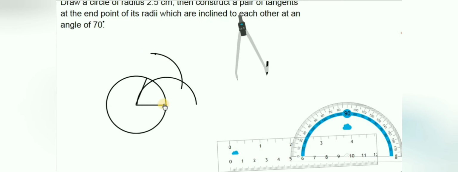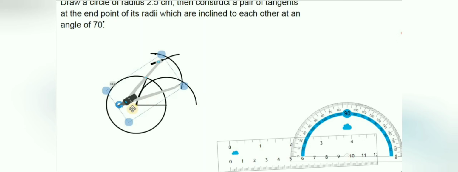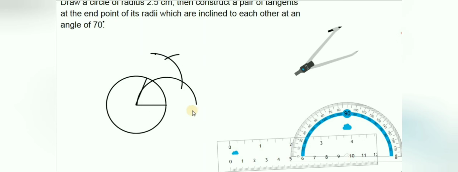Here is the point of intersection. After that, taking it as center, draw one more arc to the first one. This cuts the first one. Here we got the point of intersection of both the arcs.